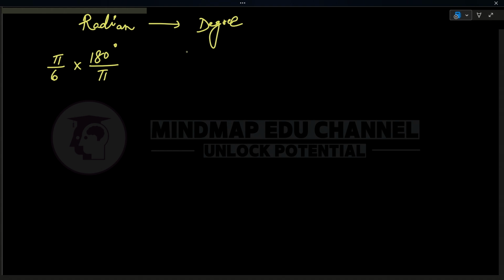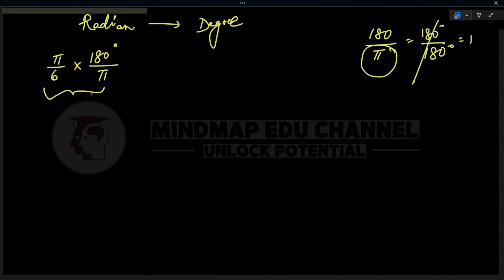That's it. And why are we doing so? Why are we multiplying it by 180 over pi? Same reason, 180 over 180, because pi is equal to 180 degrees. So we are getting 1. We are not changing the value here. We are just changing the unit.